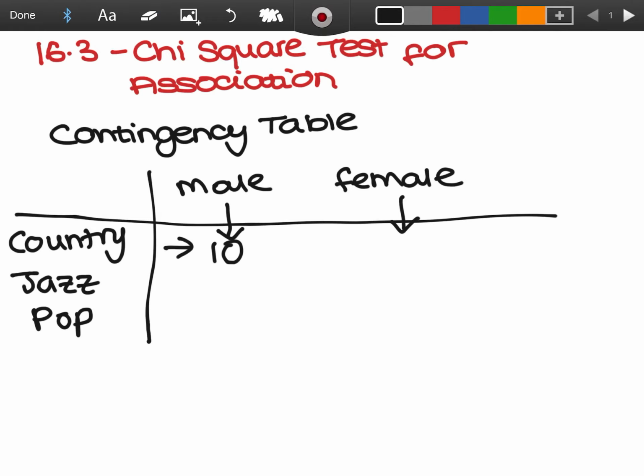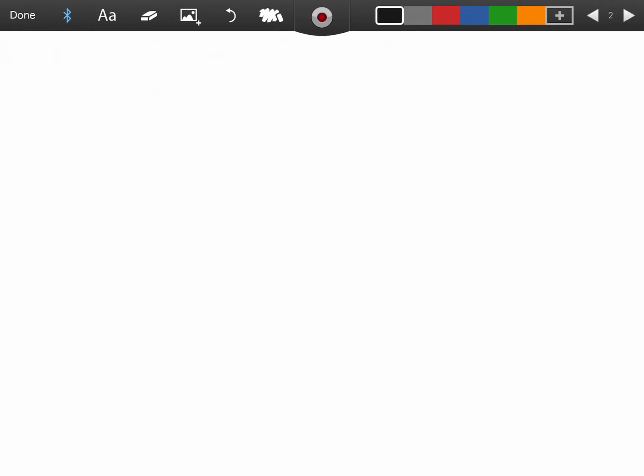So again, what we're going to do this time is run a hypothesis test to see if these variables are independent or dependent. Whenever you do this, your null hypothesis always suggests independence. We're going to assume that these variables have nothing to do with one another until proven otherwise.